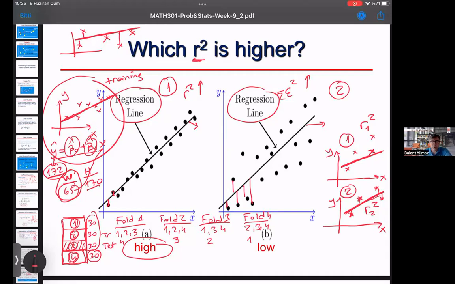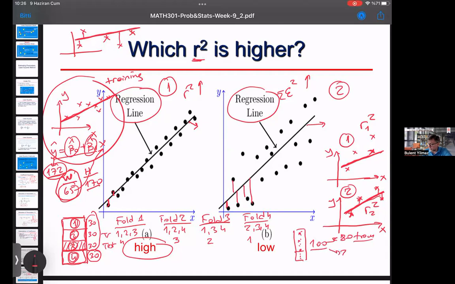So that's how we usually deal with our data. But in your project, you are just going to choose randomly. Let's say you have 100 data points, okay. You're going to randomly choose 80 of them, not the first 80. Randomly choose 80 of them for training. You can use the rand function for that.